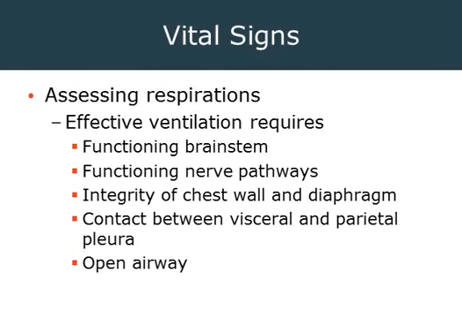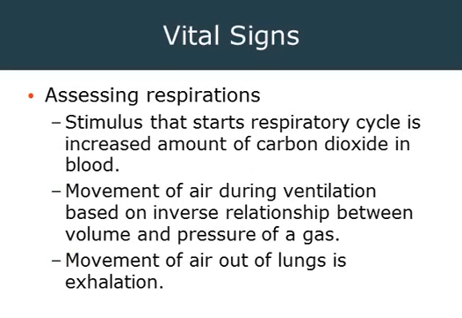We have to have contact between the visceral and the parietal pleura, so they create that kind of vacuum to keep the lungs from collapsing. And then we also have to have an open airway. If we don't, air doesn't move in and out, and it makes it much more difficult to move the air from the outside environment to the inside world.